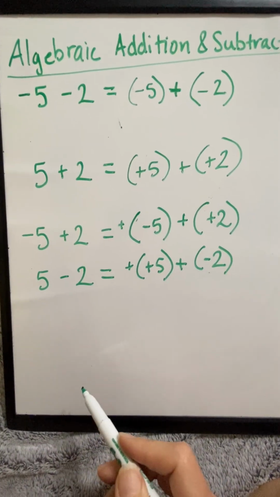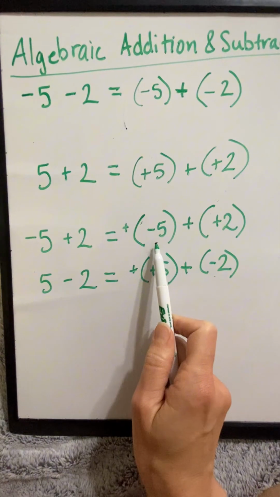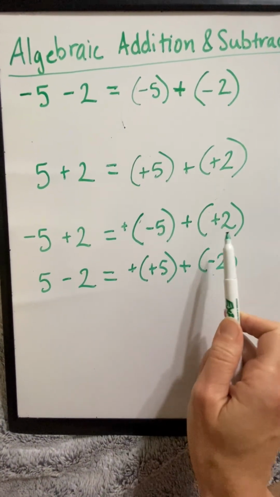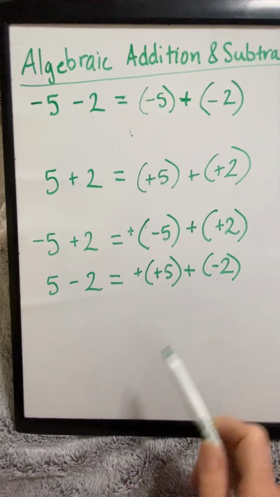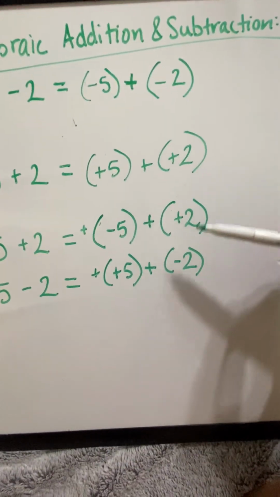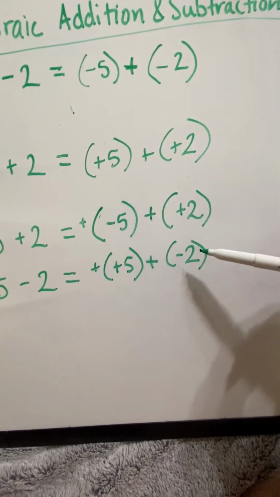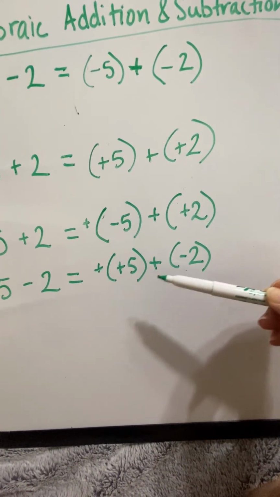Then we're going to add the numbers together. Here we've got a -5, so that's a -5 in the parentheses, and we're going to add that to whatever this other number is, which is a +2. So the same thing happens all the way throughout here. Okay? So they don't often write things like this because it's confusing. You've got signs all over the place and it gets to be too much.